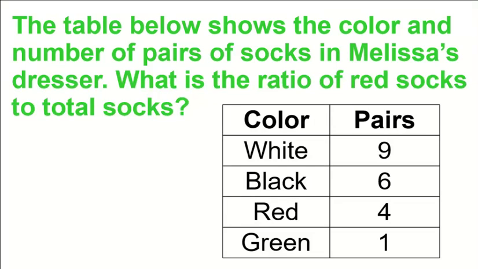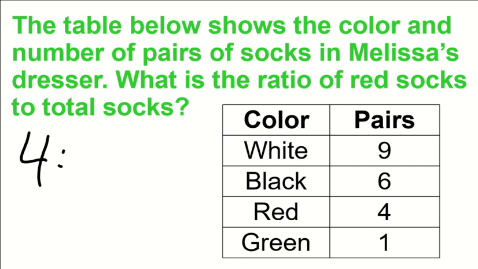All right, so here would be an example of a problem you could see. The table below shows pairs of socks in Melissa's dresser, ratio of red socks to total socks. So look, how many red socks does she have? 4. The second part is asking for the total socks. How many socks total are there? 20.